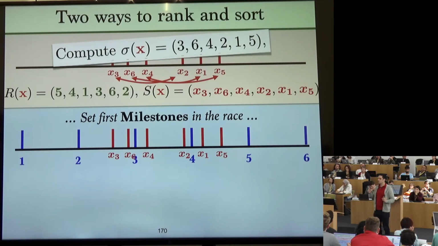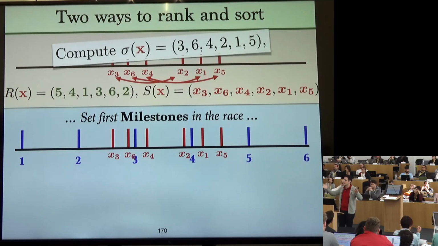And I'm going to solve the optimal transport between those red guys and the blue milestones. What is important conceptually is that I'm never going to compute the distance between the reds. I'm never going to ask, is x2 ahead of x1? Remember, when you solve the optimal transport problem, you never need to do that. You only compare input and output measures.